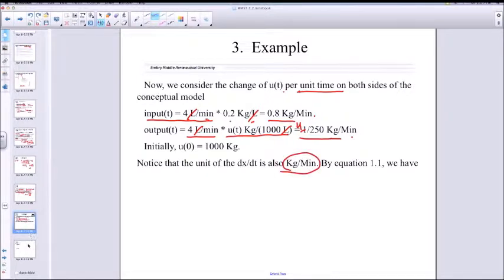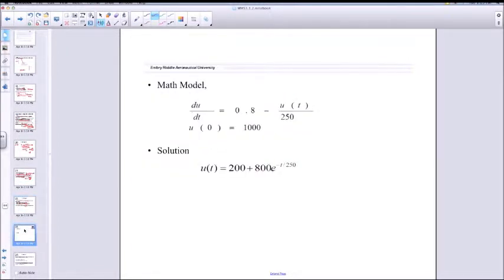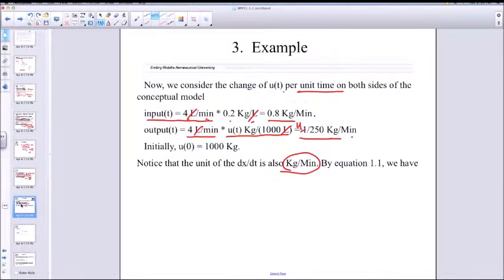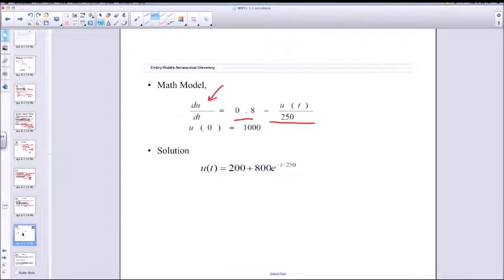That's a quick checkpoint. Well, then what do you get? Oh, flow in 0.8, flow out x(t) divided by 250. That's what we get. And that describes the change per minute. And that's a derivative.